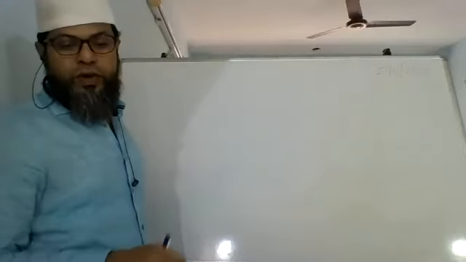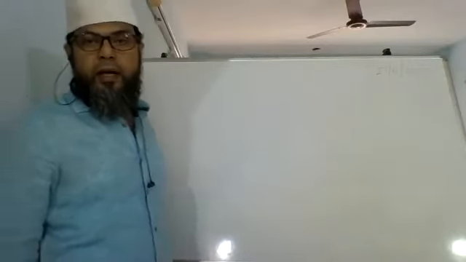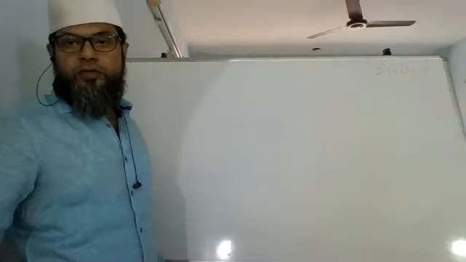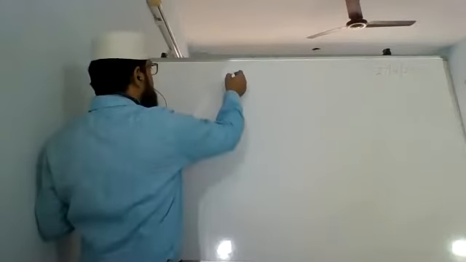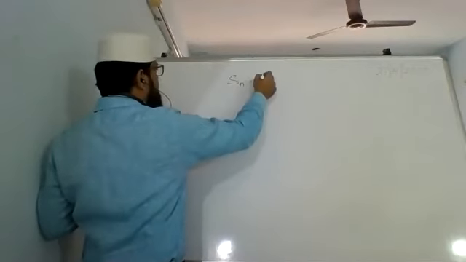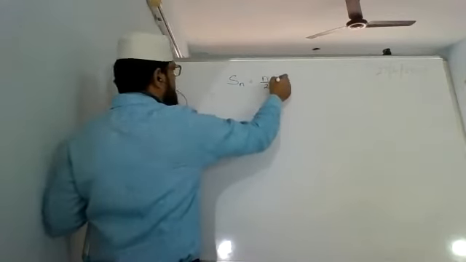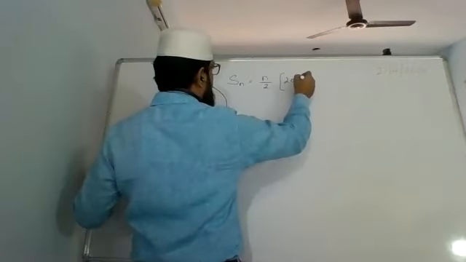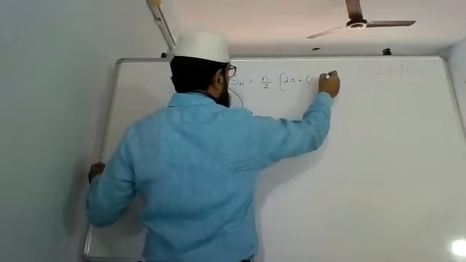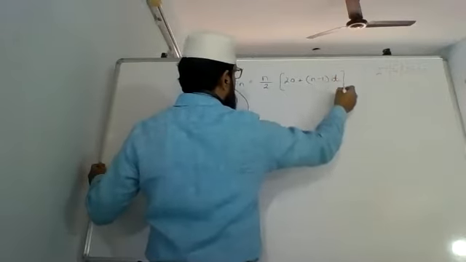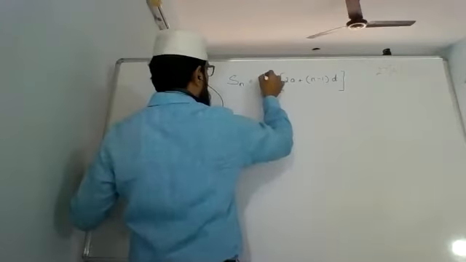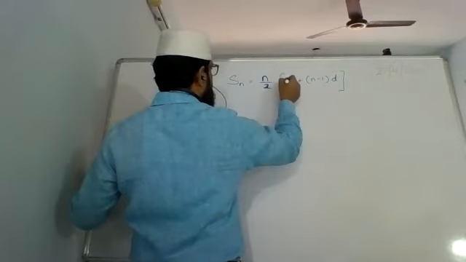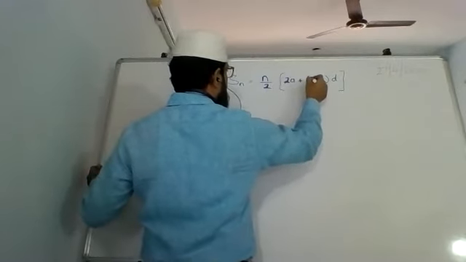So now, how to find the sum of n terms of an AP? The formula we had seen was Sn equals n upon 2 into bracket 2a plus n minus 1 d. Those of you who had not written it, missed it, please write it again. Whoever has written it, well and good.